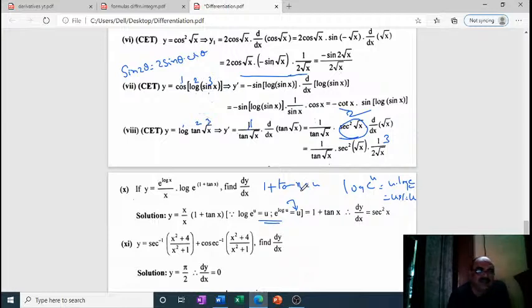In that manner, here e power log x is x by x. These two cancel, and log e power 1 plus tan x is 1 plus tan x. So finally, y is equal to 1 plus tan x. When you differentiate this, 1 is 0. Tan x differentiation is secant square x. So the answer for this is secant square x.